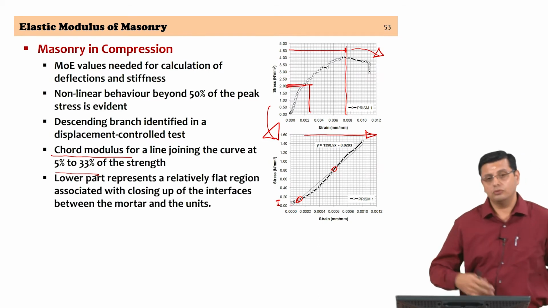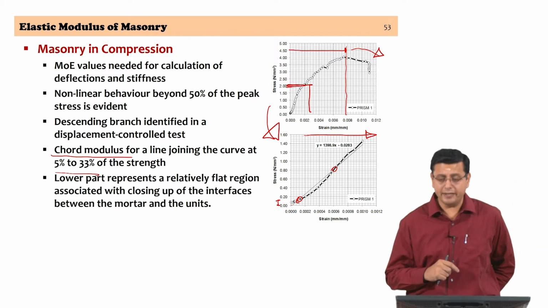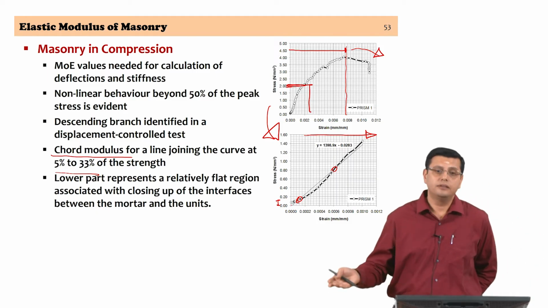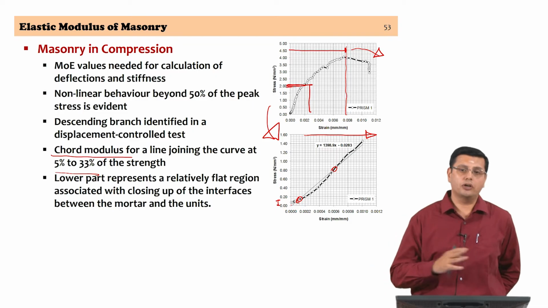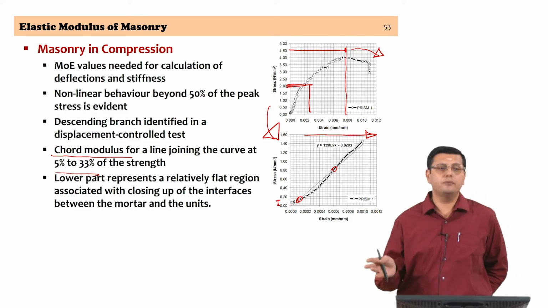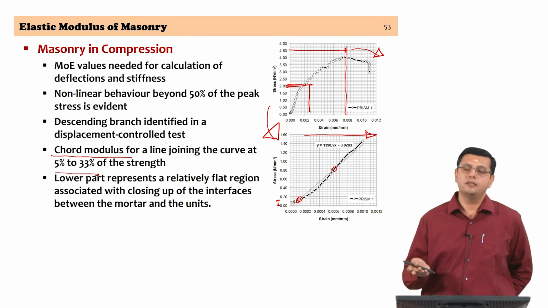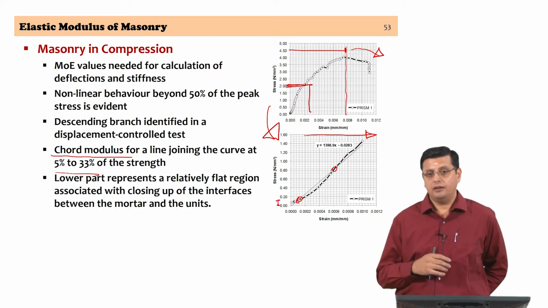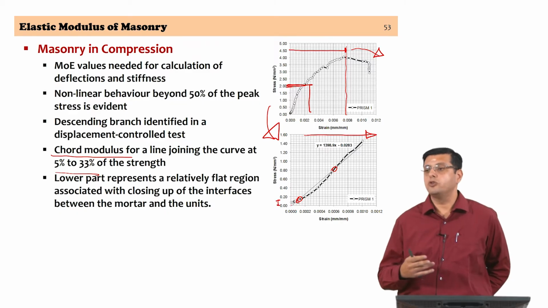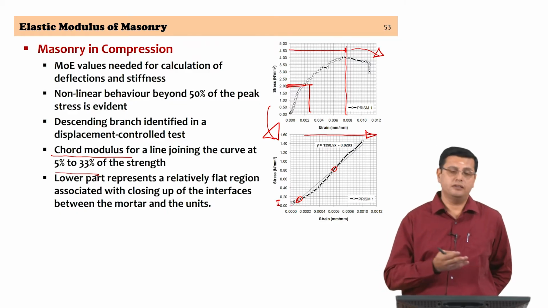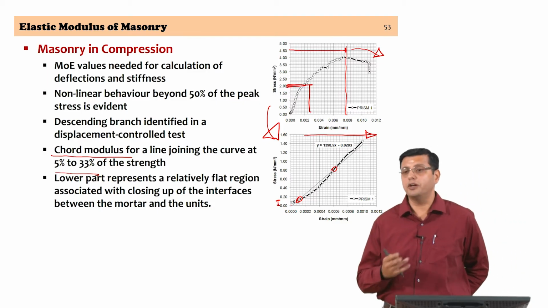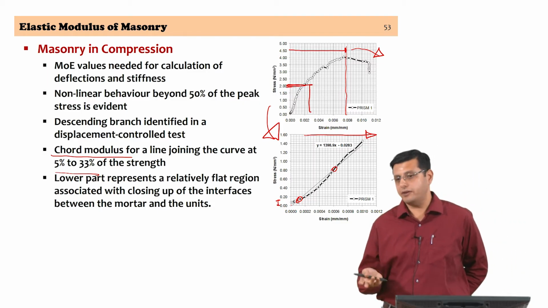The point that you definitely would like to keep in mind is you cannot do one test and determine the modulus of elasticity. We are already talking of a material which has significant variability in comparison to other structural engineering materials such as concrete or steel. Therefore, it is always going to be an average, and depending on the code that you are depending on, these numbers can vary.